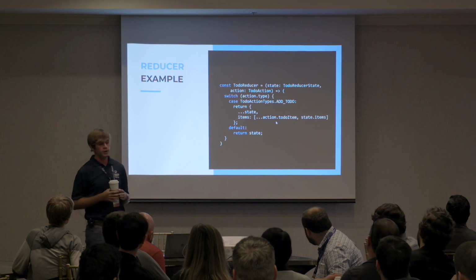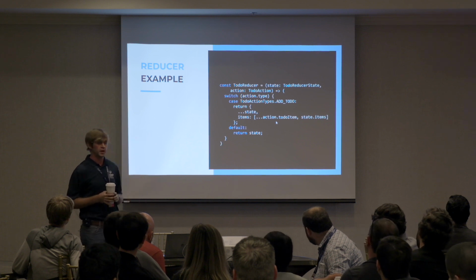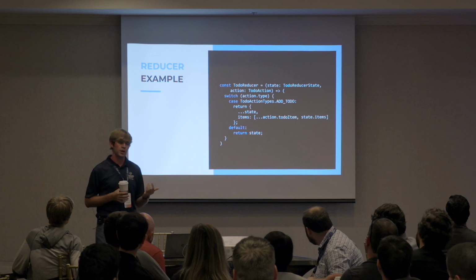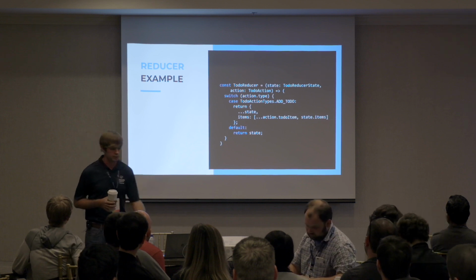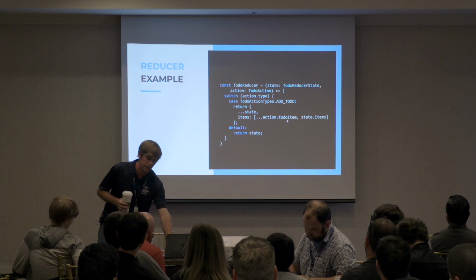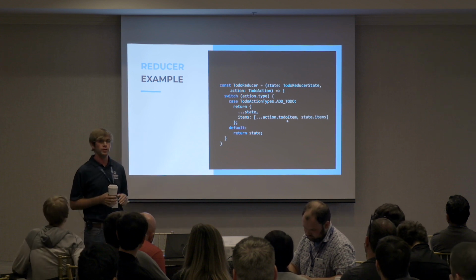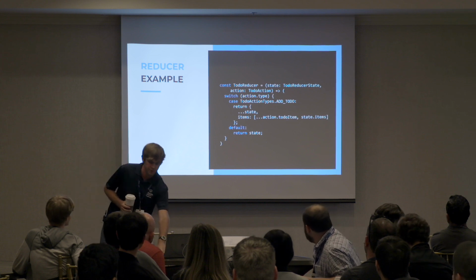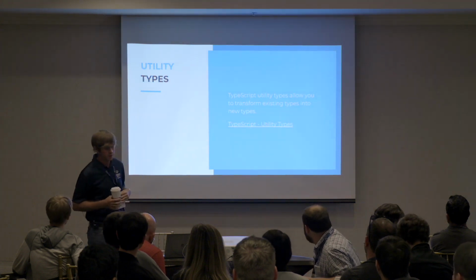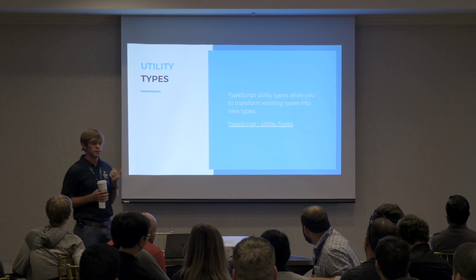So we can leverage that. It's not quite pattern matching, but TypeScript will assume that this action is now strongly typed, so I get the IntelliSense and everything along with it. Hopefully that makes sense. All right, any questions? Perfect. All right, so another thing to mention here, utility types.